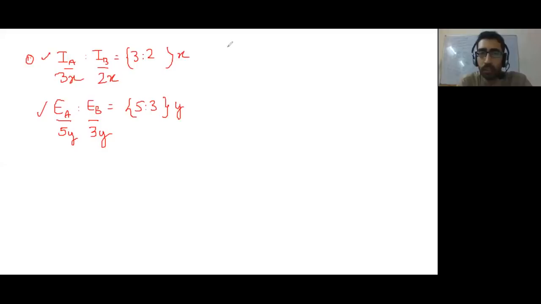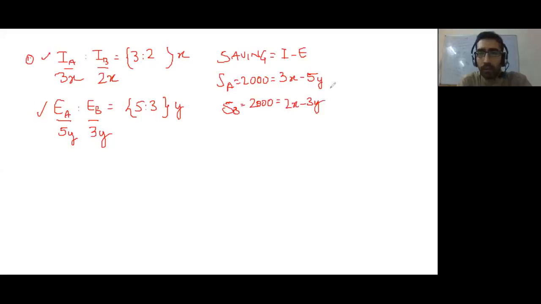What I do know in general is that saving is nothing but income minus expenditure. And thus saving for A, which is 2,000, is income, which is 3x for A, minus expenditure, which is 5y, and saving for B, which also happens to be 2,000, is income of B, 2x, minus expenditure of B, 3y.